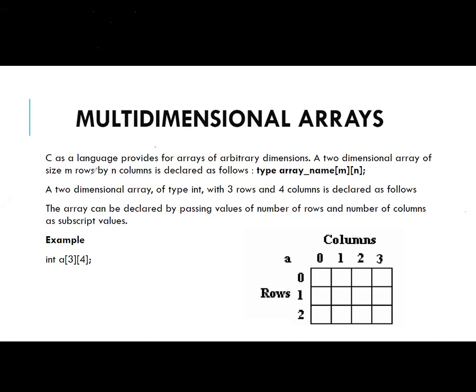So it is going to be a 2-dimensional array. So here in this case, I'm having 3 rows and 4 columns.